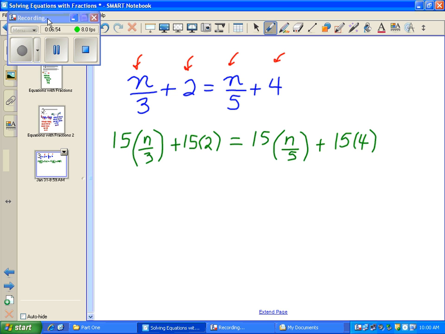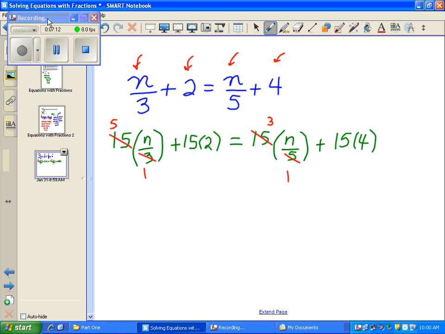So in order to not change the equation, every single term had to be multiplied by 15. Now you can simplify, and by doing that we're going to cancel out. So 3 goes into 3 once, 3 goes into 15 5 times, and 5 goes into 5 once, 5 goes into 15 3 times.